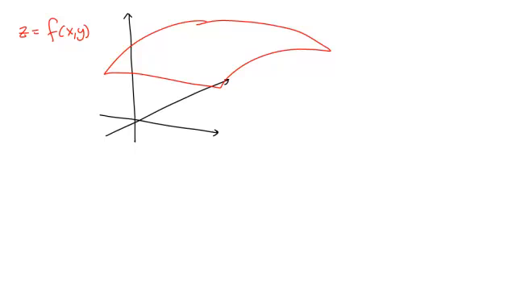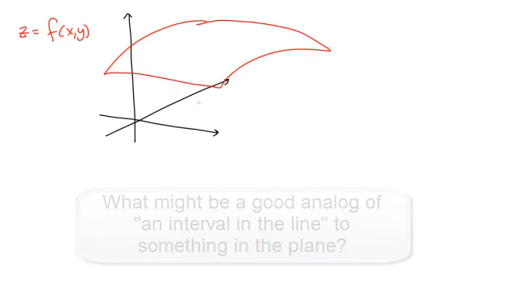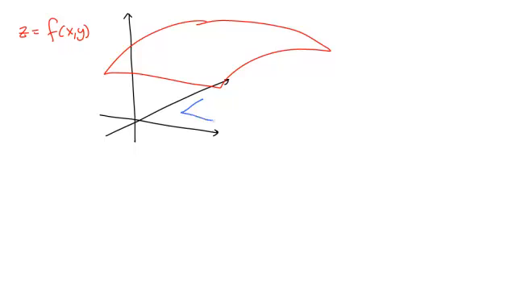The first thing we needed was the idea of the interval we're going to integrate over. Well, this is a 2-dimensional function, and so the simplest 2-dimensional object in the xy plane would be a rectangle, something like this. So this would be a rectangle that goes between the x values of a and b and the y values of c and d.